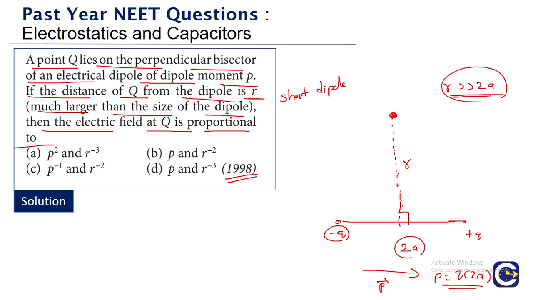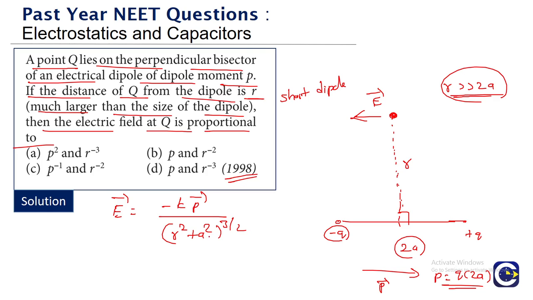At a point on the equatorial plane, the electric field direction wise it will be opposite to the direction of the dipole moment. So for a normal dipole, the field value will be minus kp bar divided by r square plus a square whole power 3 by 2. This is the electric field produced by the dipole.